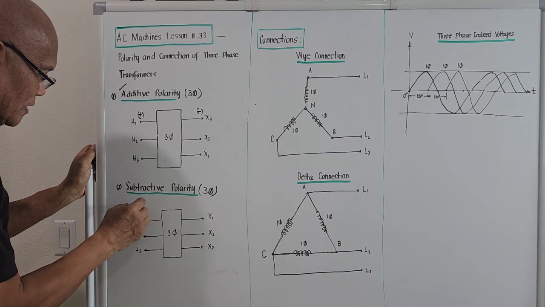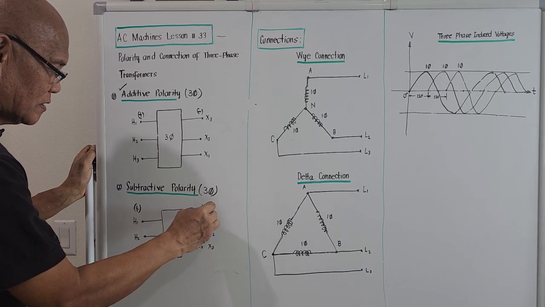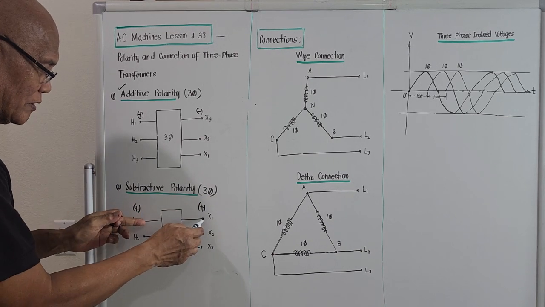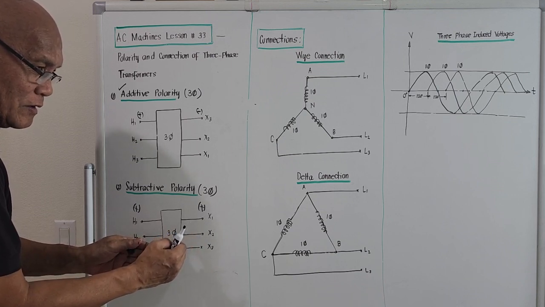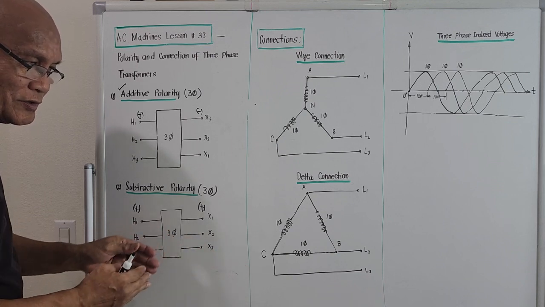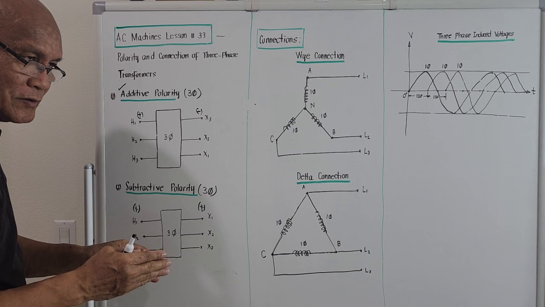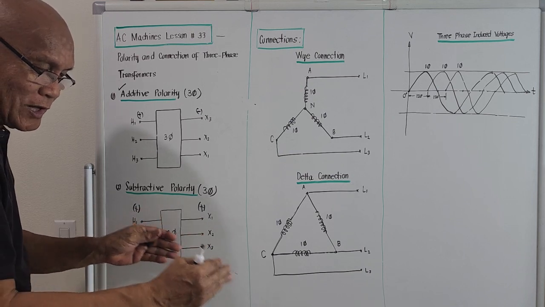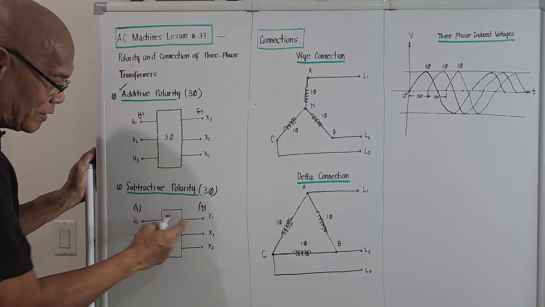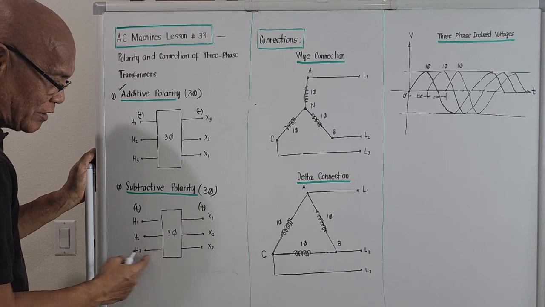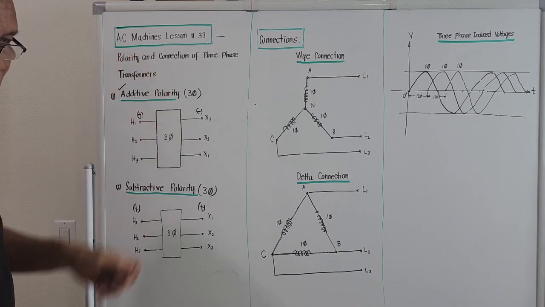If 1 is plus and the other 1 is also plus, and we connect these terminals and take the voltmeter reading, they will subtract from each other because plus meets plus. Whichever is bigger, the remaining voltage will show on the voltmeter. So for the subtractive polarity, H1 and X1, H2 and X2, H3 and X3. It's almost similar to the single phase.